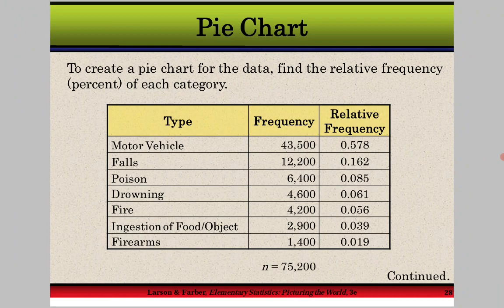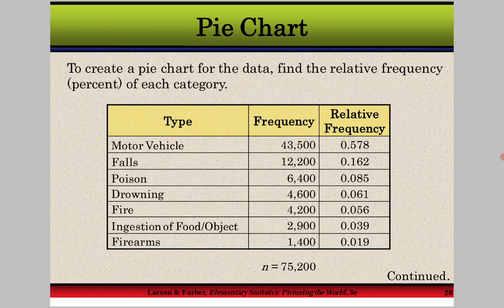To create a pie chart for the data, find the relative frequency, or percentage, of each category. So in this example, we have type, frequency and relative frequency. How to find the relative frequency? What is the formula for relative frequency?